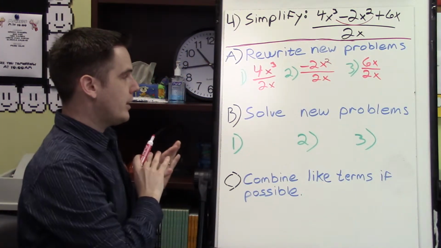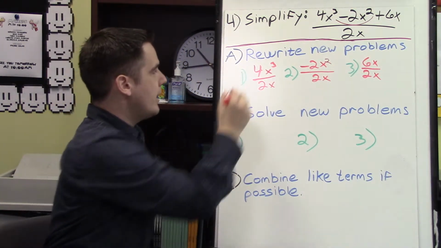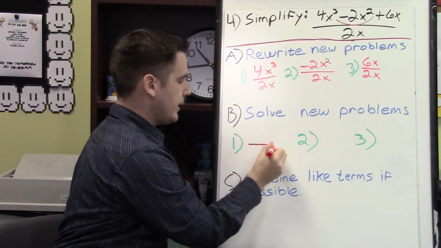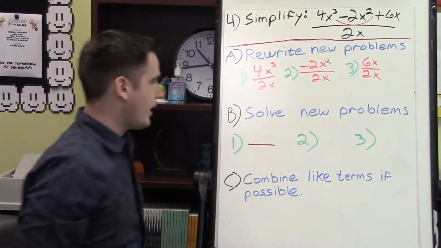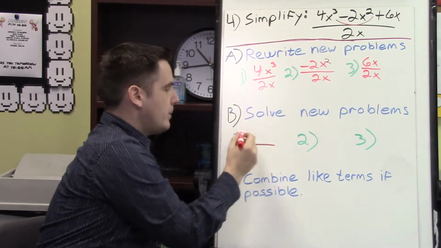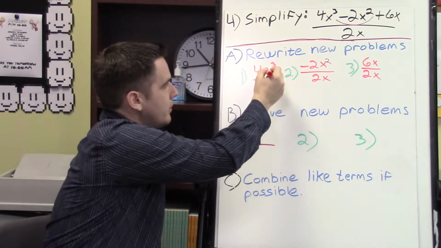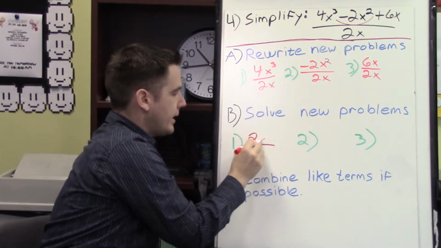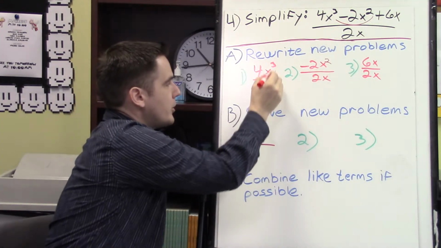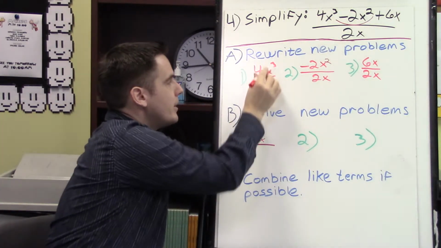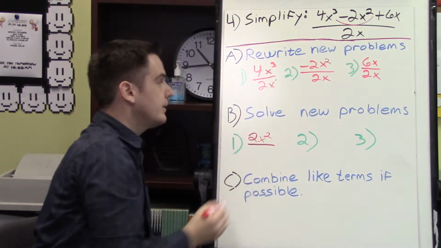Now, I'm going to solve each of those new problems. So just like we've done in the past, because we've gone over how to divide fractions with variables, 4 divided by 2, and then the bigger exponent's on top, so the x is going to stay there, and then you subtract the exponents. Ninja 1, 3 minus 1 is 2.